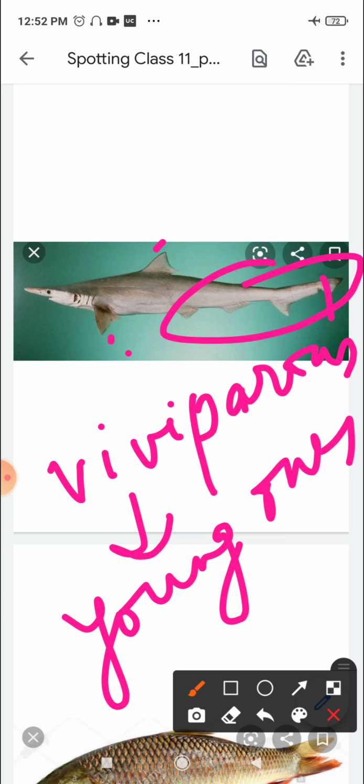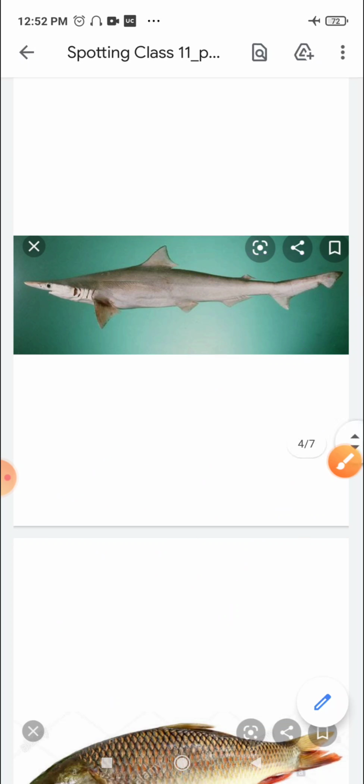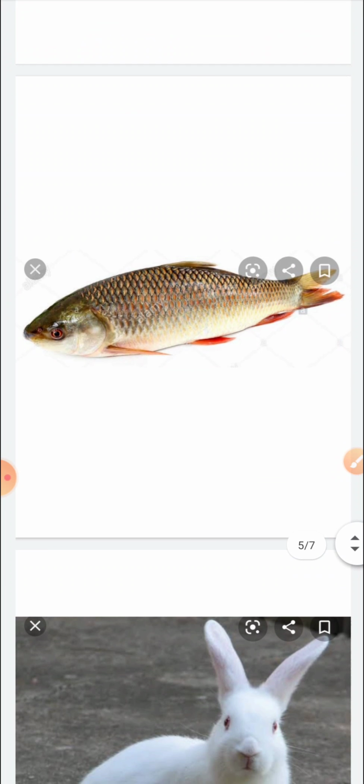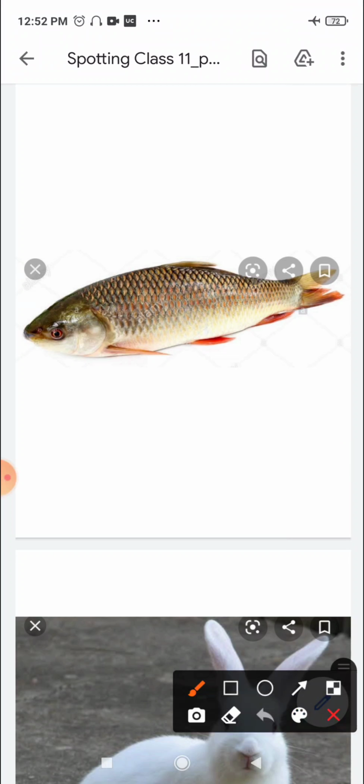So that's about Chondrichthyes, right? Now we move on to the next specimen, which is again a fish and belongs to phylum Chordata, subphylum Vertebrata, but the class to which it belongs is Osteichthyes.